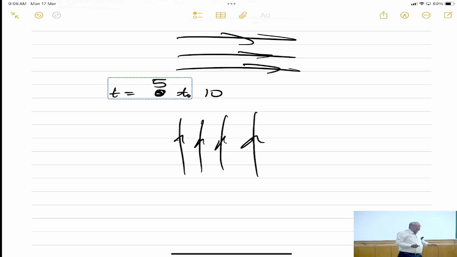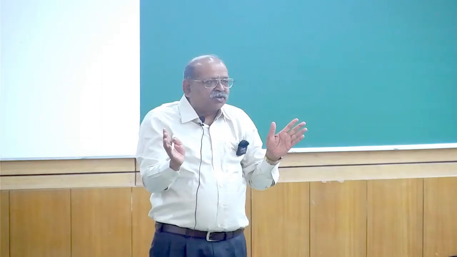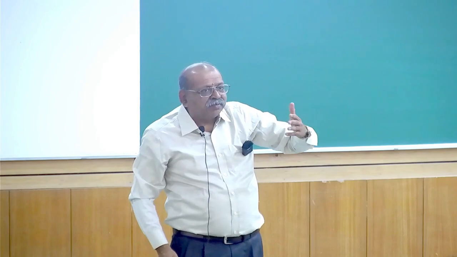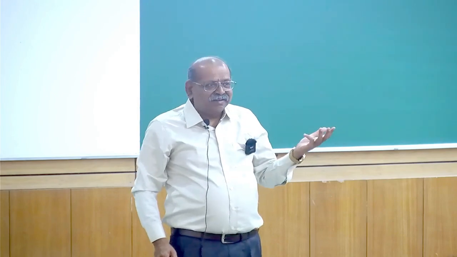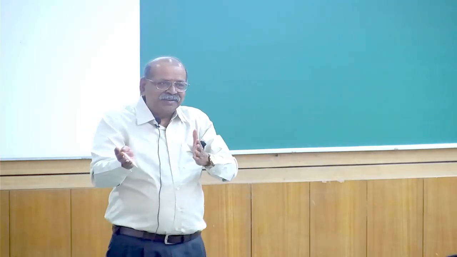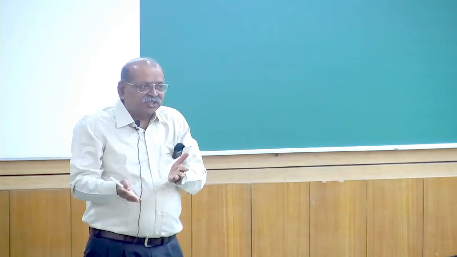Okay. Now this example also illustrates one more thing. If the velocity does not change with time, then what can we say about the three things? From 0 to 5, the velocity did not change, and the path line, streak line and streamline were all identical. Similarly, from 5 to 10, the velocity did not change.